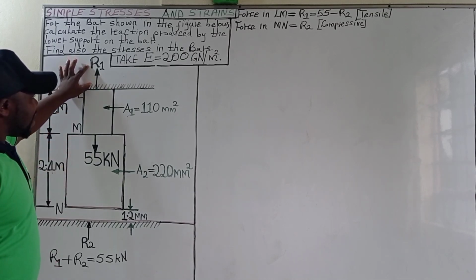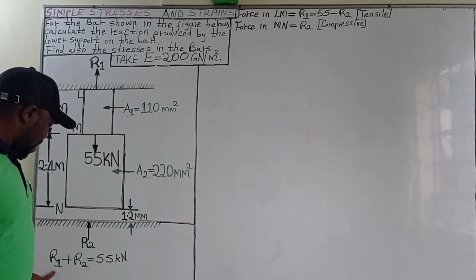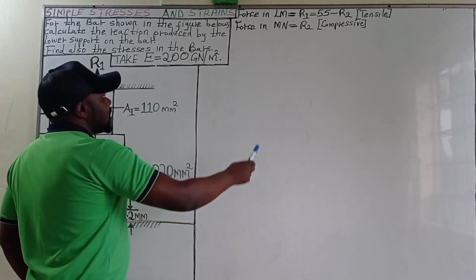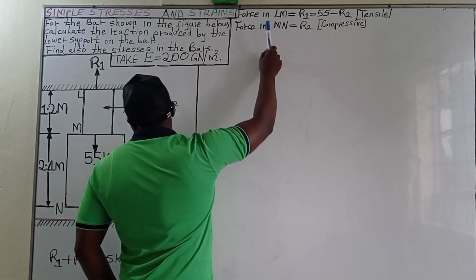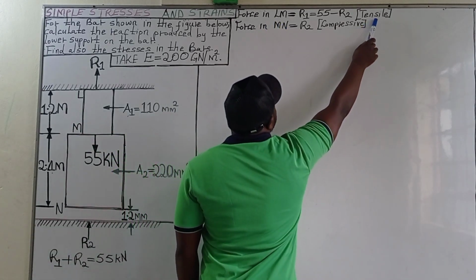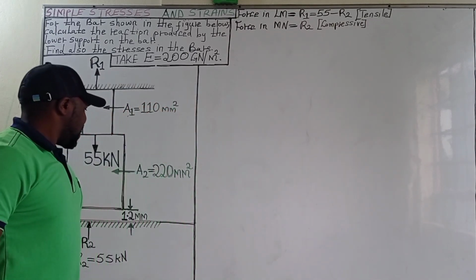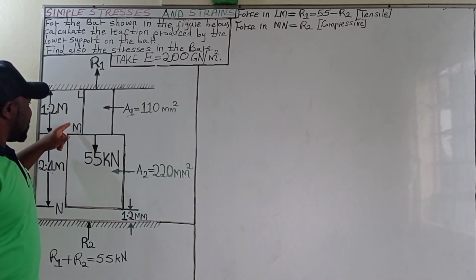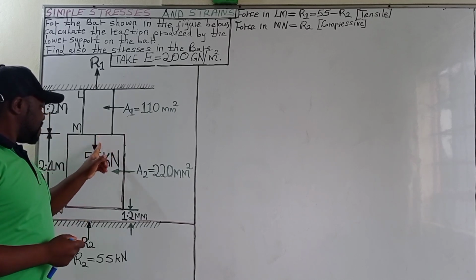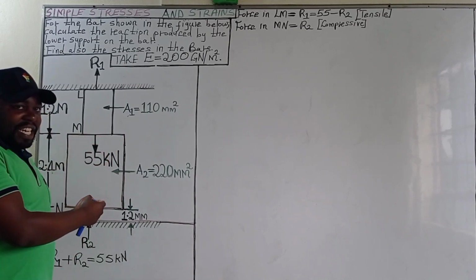So when you make R1 the subject, we are going to have R1 being equal to 55 minus R2. So that is the total force in the bar LM, and in this case it is a tensile force, since in LM we have a tensile load of 55 kilonewtons being subjected on it.